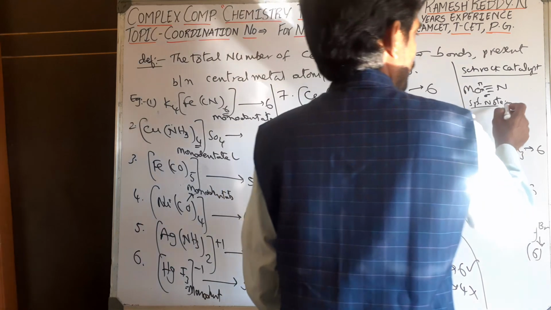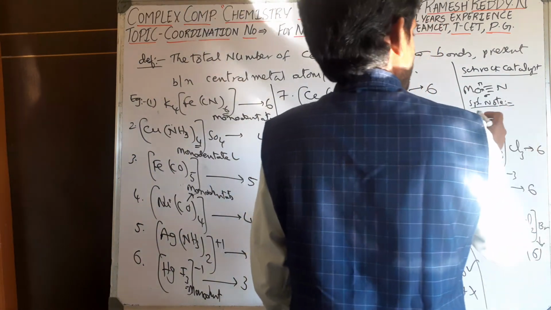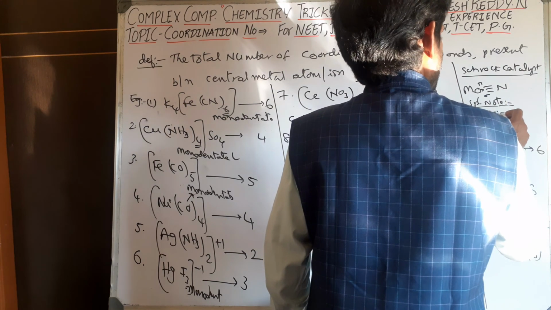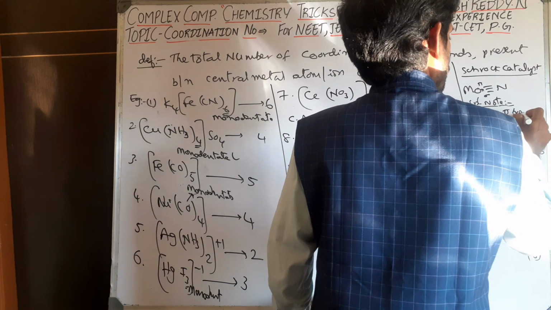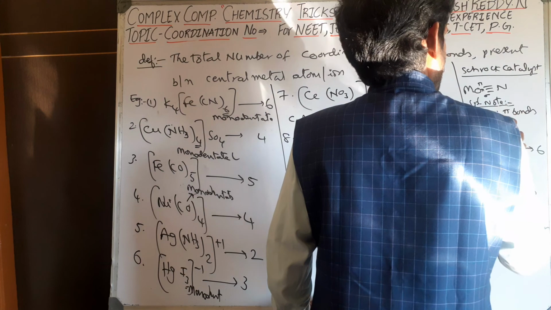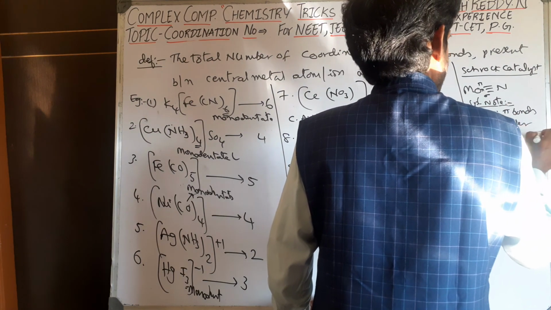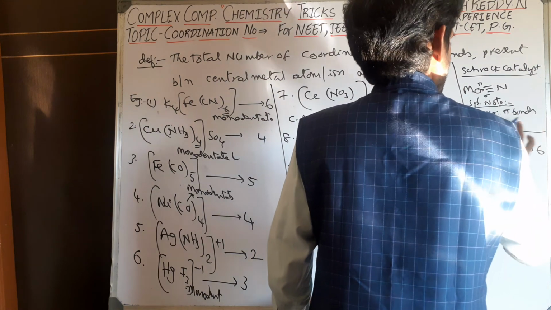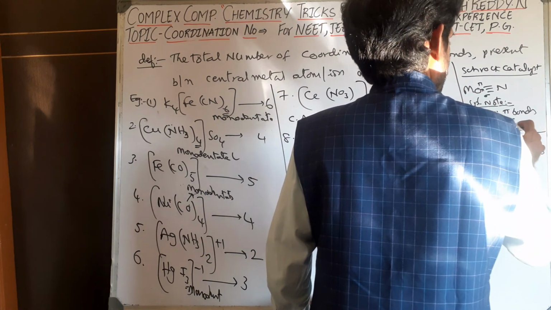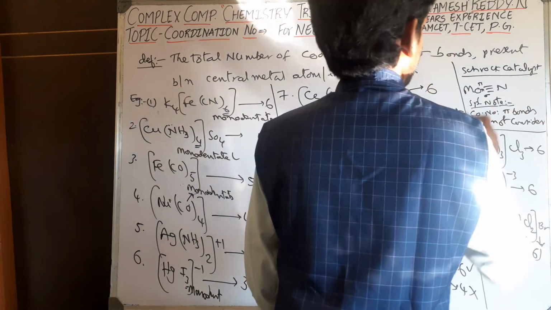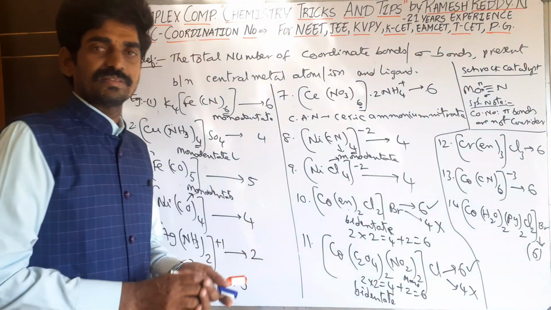So the special note is: in counting the coordination number, pi bonds are not considered. Only sigma bonds you have to consider. Okay, got it? Is it clear?